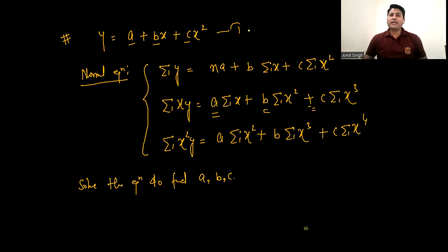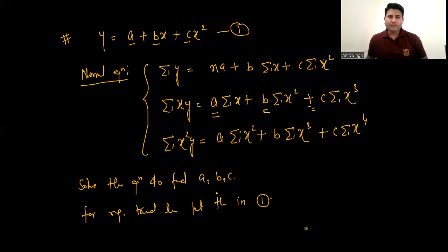For the required curve, or required trend line, put them in equation number first. Okay, so this is how, students, we can fit a curve, or better to say a trend line, in given data. I hope you understand the concept.